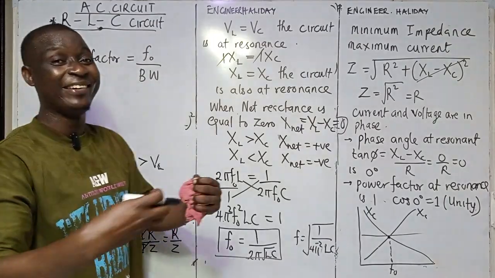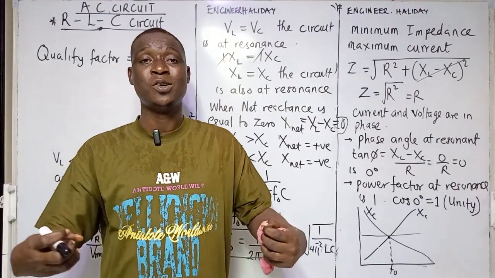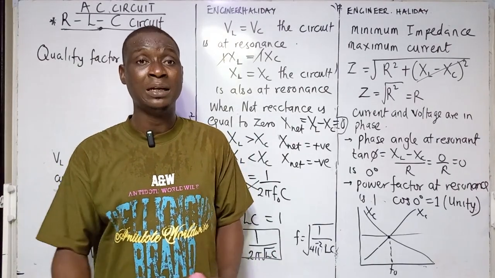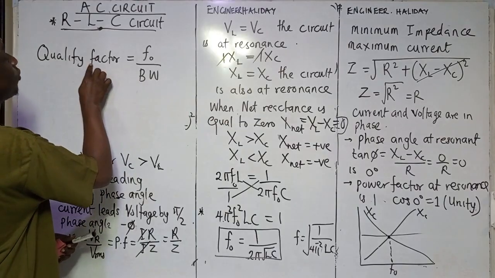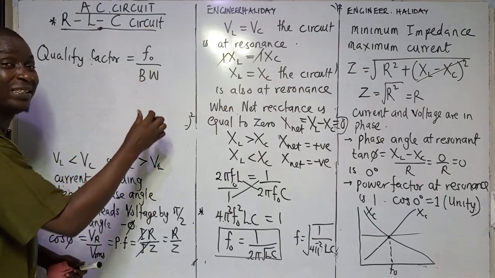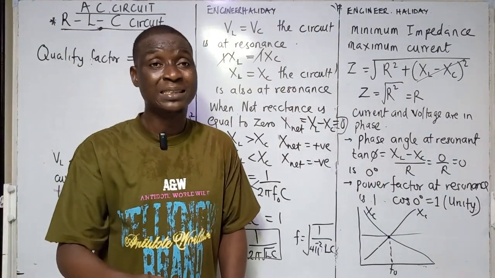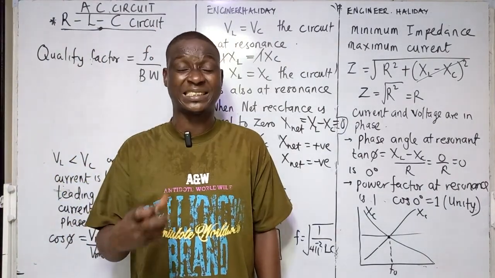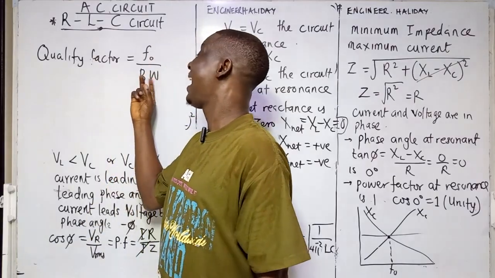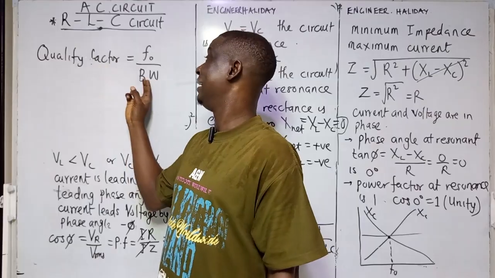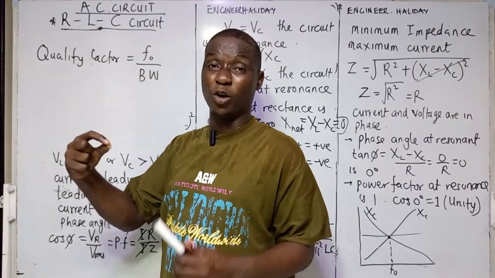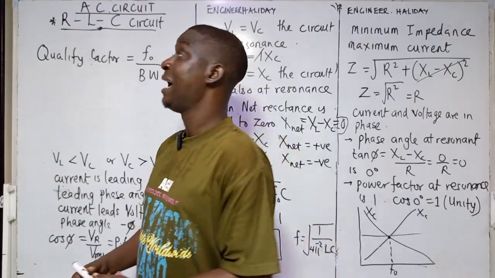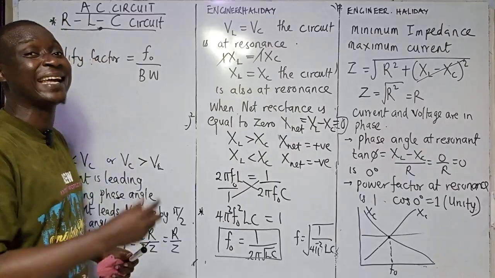Bandwidth is the range of frequency of a particular station where you are. So when the quality factor of that station is high, it will narrow the bandwidth, the range of frequency of that station, and thereby reduce the unwanted noise.